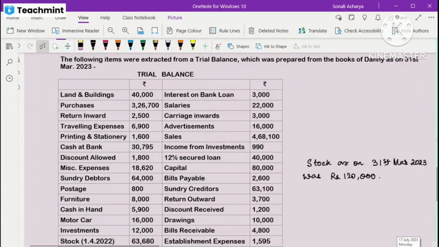Suppose this is a trial balance given and you have to prepare the final accounts in the books of Danny.